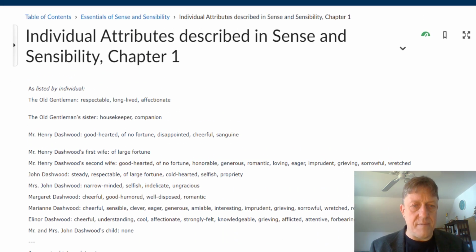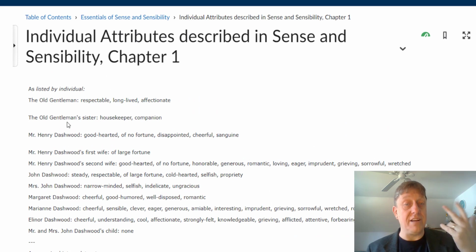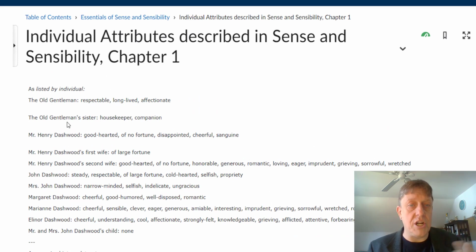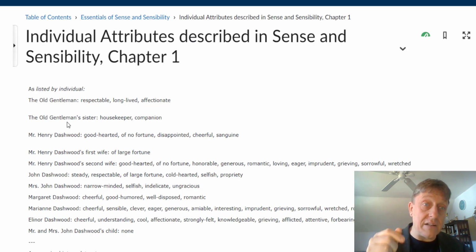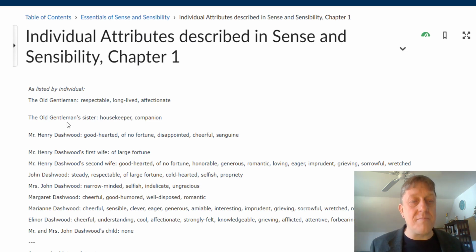And there are a number of them. So the old gentleman is described as respectable, as having lived a long time and as being affectionate. The old gentleman's sister, not described very well, as a housekeeper and a companion. Mr. and Mrs. John Dashwood's child, at the bottom of this list, has no listed attributes other than being Mr. and Mrs. John Dashwood's child.